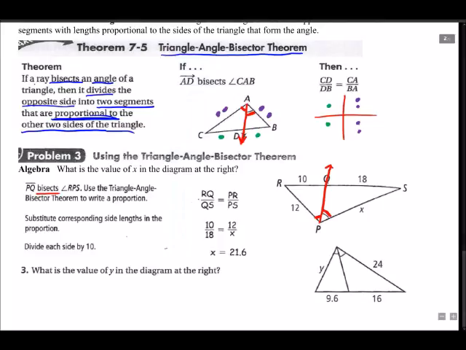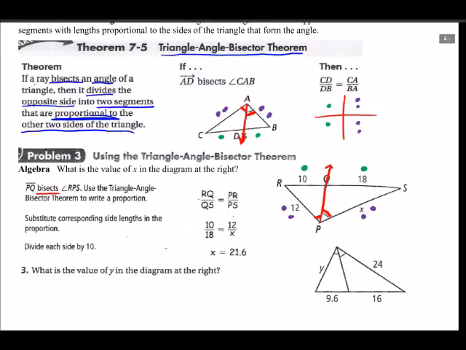So what can we say? There's our two segments. There's our two other sides. And look at what we have. 10 compares to 18 as 12 compares to x. Cross multiply, x is 21.